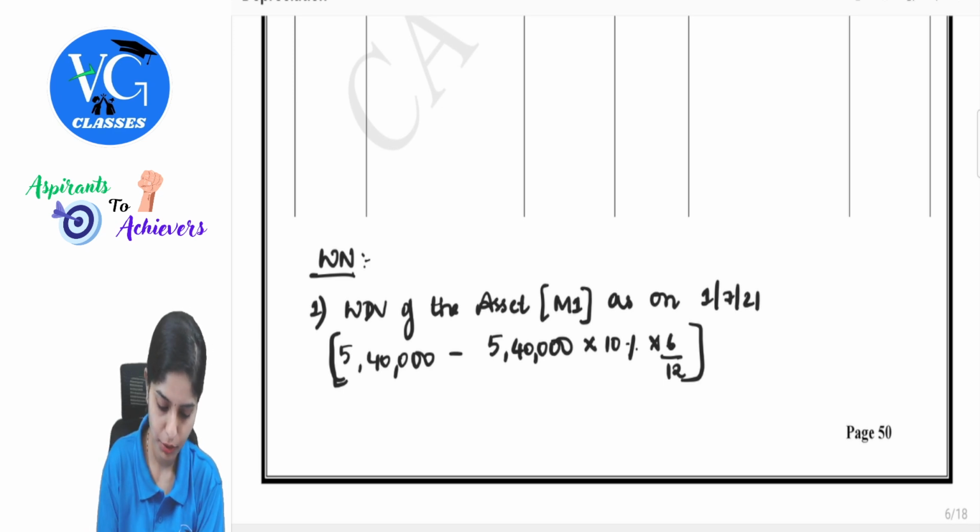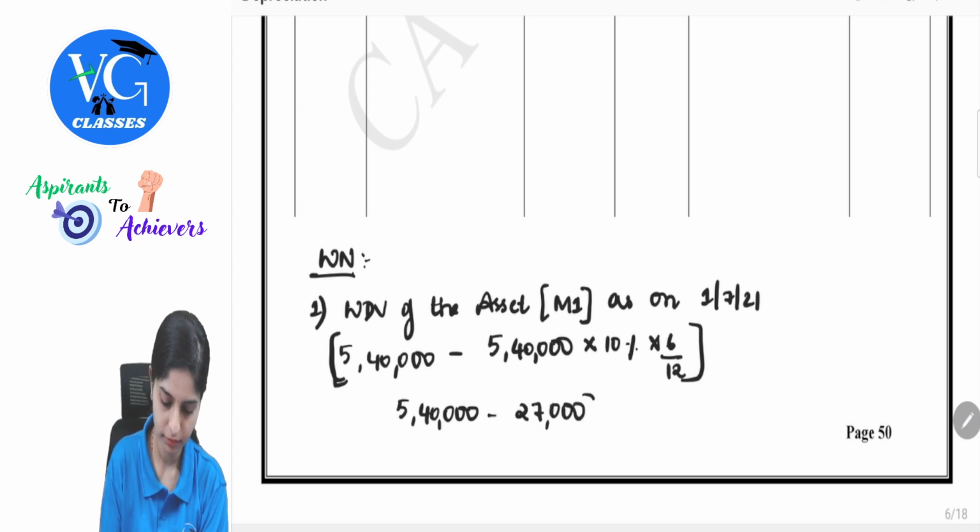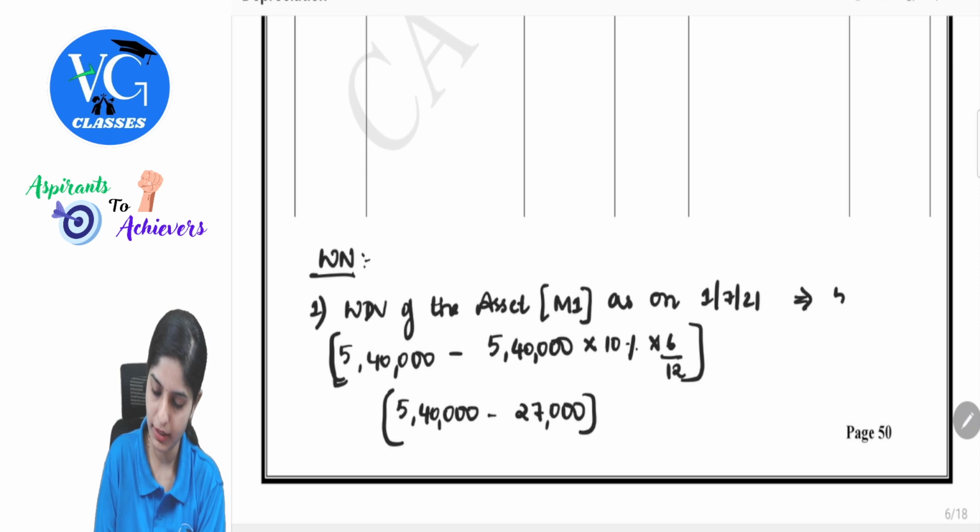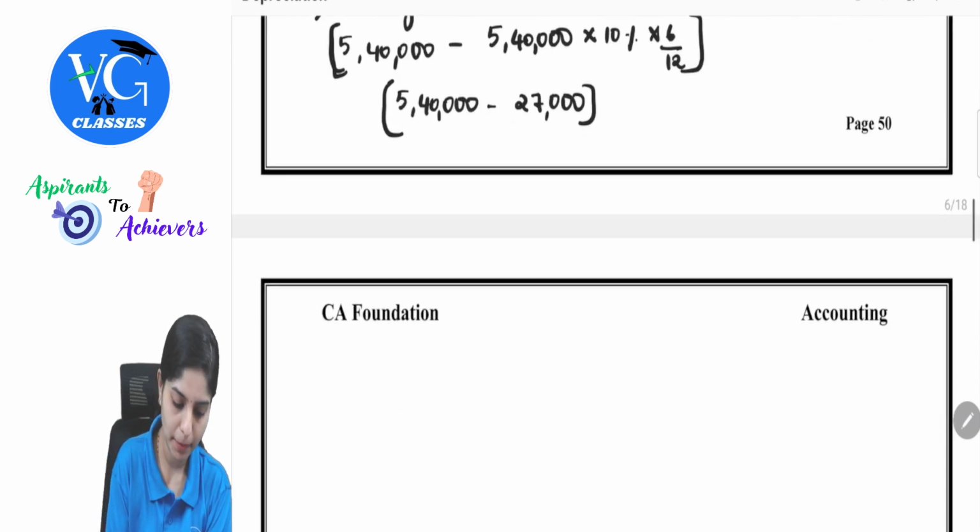So that is 27,000. So what is the WDV of the asset? 5 lakh 13,000. This I need to compare with the sale value which is given.